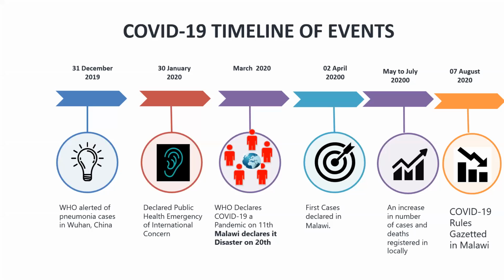Specifically for Malawi, we declared COVID-19 an emergency even way before we started reporting cases. That was in March 2020.